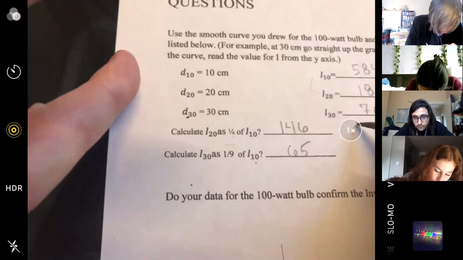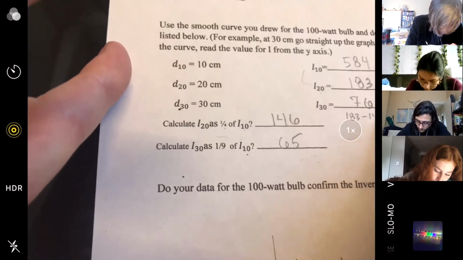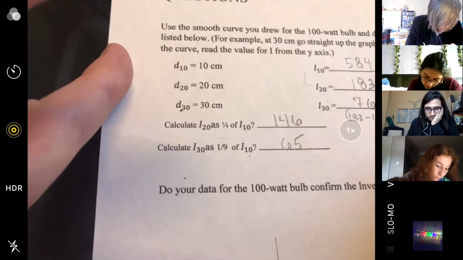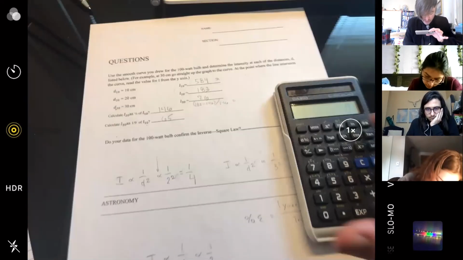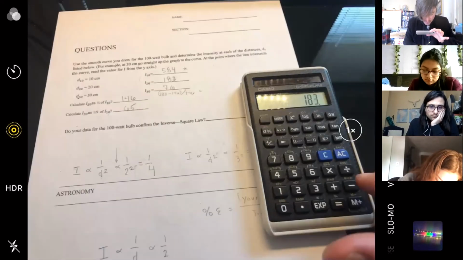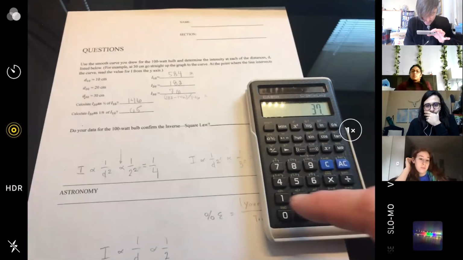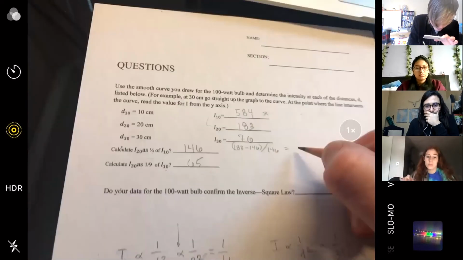Here, it's 183 minus 146. And let's say the true answer was 146. 183 minus 146, so 37 divided by 146, 25% error.